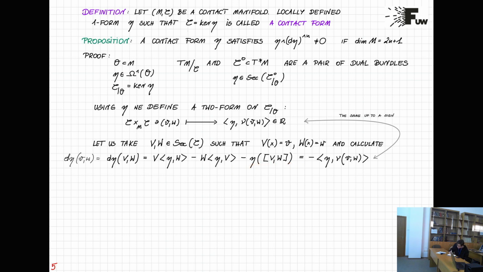When we really think about what it is, it is the same as contracting eta with our previously defined two form, when we use the fact that this is the dual of that. So we see that our new two form is almost the differential of eta when we use this trivialization, up to a sign.